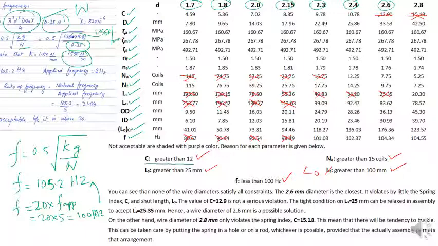One last condition that I have to make sure is that L0 should be less than L0 critical. So when I compare L0 with L0 critical, I know this is not acceptable because critical is smaller.